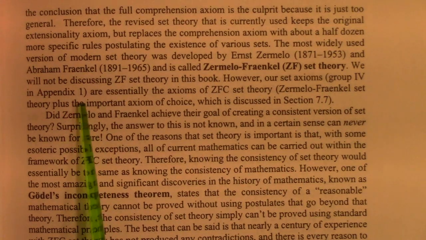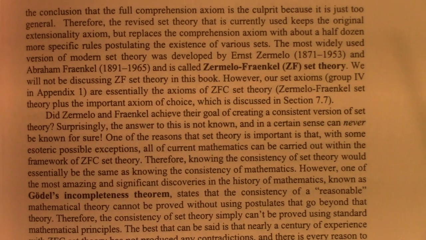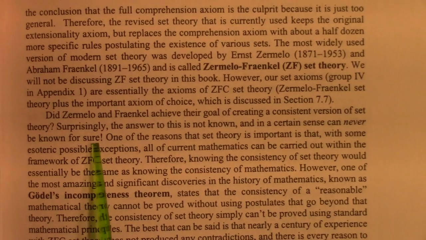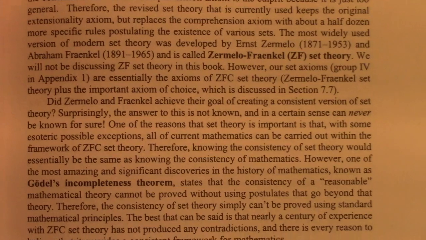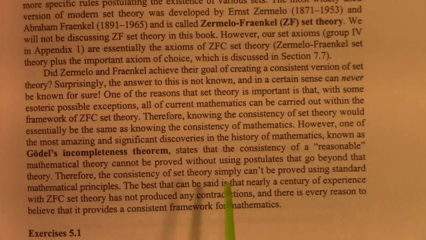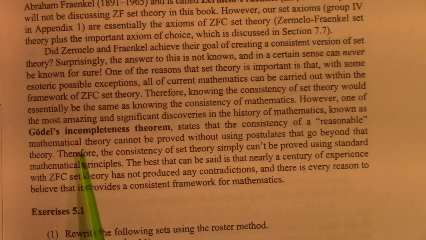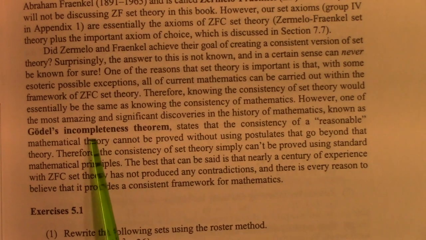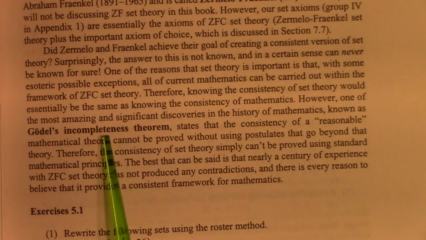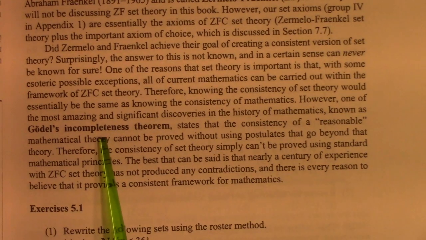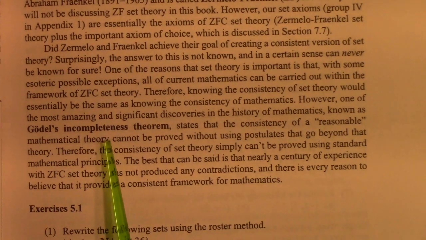If you look at Appendix 1 of this book, he essentially has the axioms for ZFC set theory. Did Zermelo and Fraenkel ever prove that it's a consistent set theory? Well, no, they didn't. And in fact, it has been proved by Gödel that any theory which essentially contains arithmetic necessarily contains statements which can be neither proved true nor false.